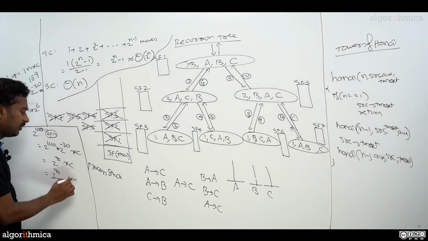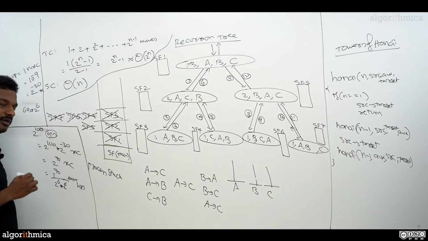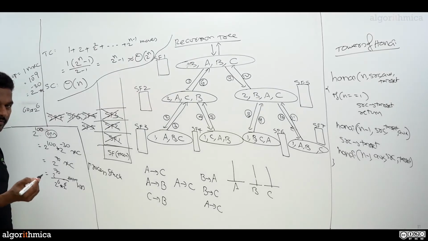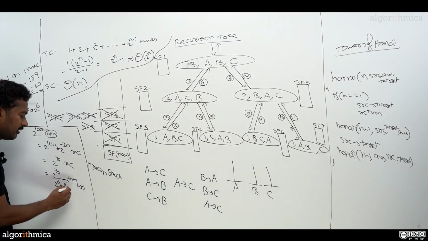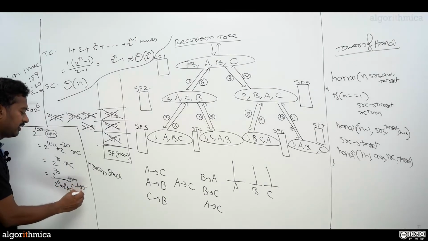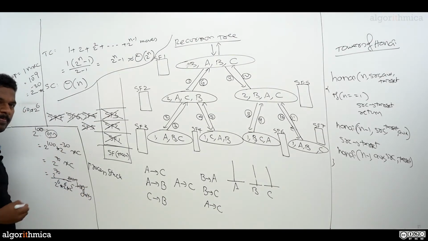Then to convert hours into days, 24 hours, I'll approximate as 2 power 5, which is 32, and divide by 2 power 5.